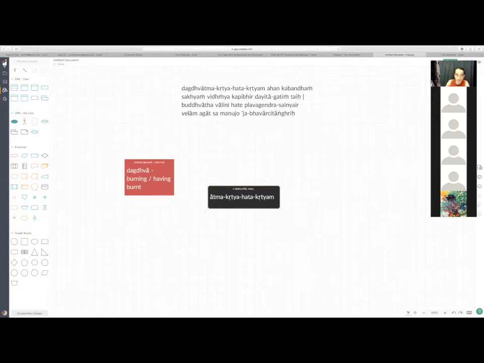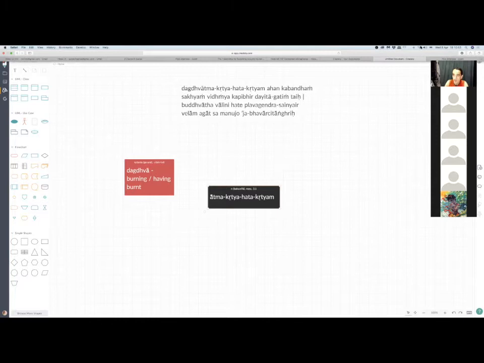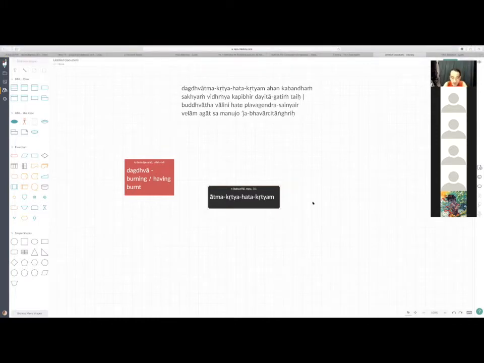Atma hata krityam. Without the bahuvrihi, just the plain meaning: the activity which was hata, which was killed.